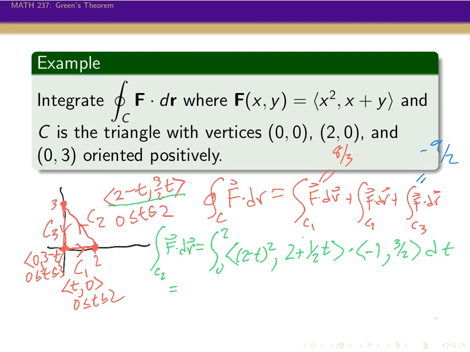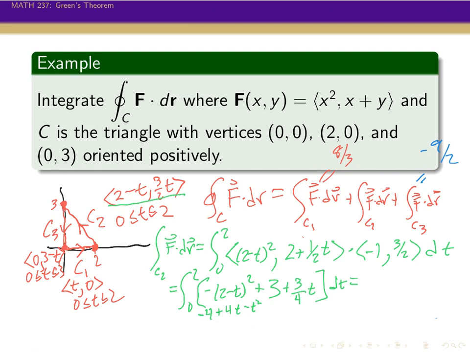And so doing the dot product, we get minus 2 minus t quantity squared plus 2 times 3 halves is 3, plus 1 half times 3 halves is going to be 3/4 t, dt. So this minus 2 minus t squared is going to be minus 4 plus 4t minus t squared. And so we can simplify this.